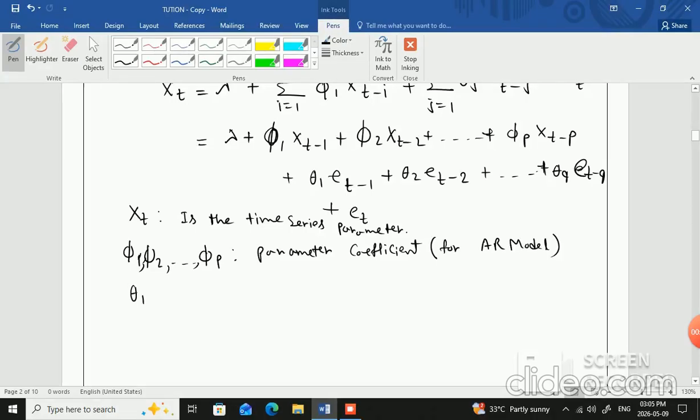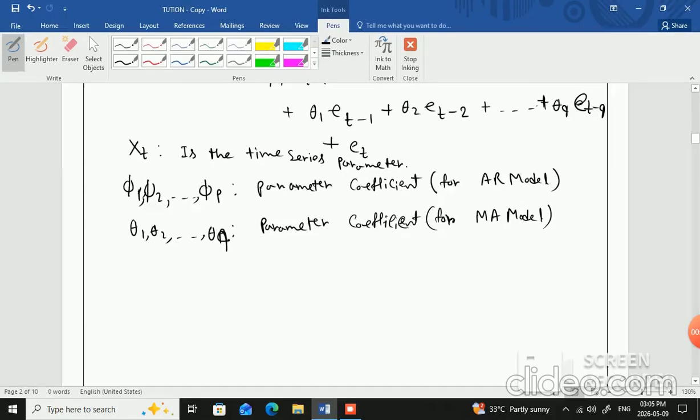Theta 1, theta 2, up to theta q are the parameter coefficients for the MA moving average model. e_t is the noise or error.